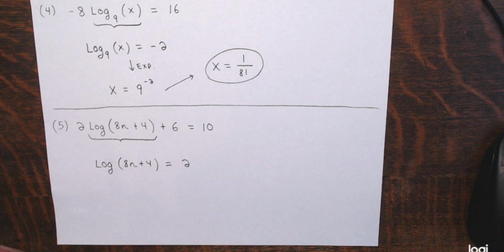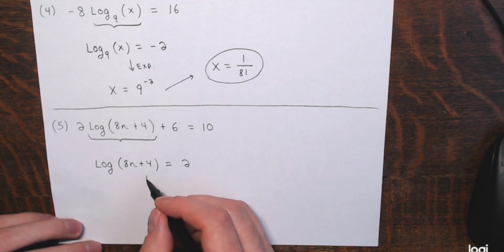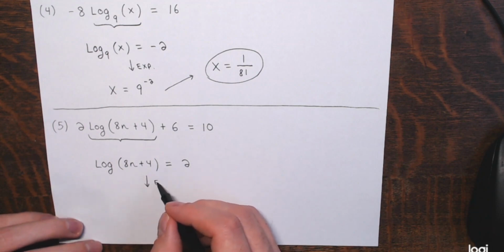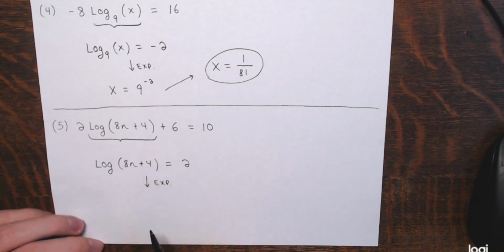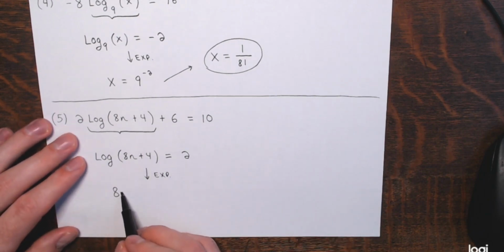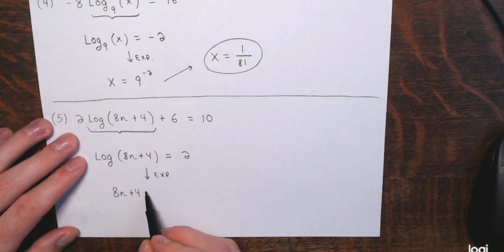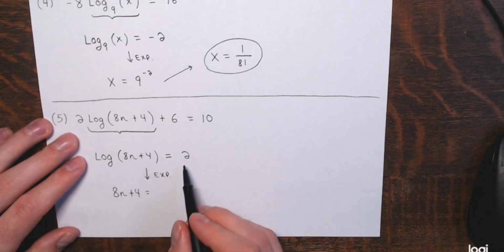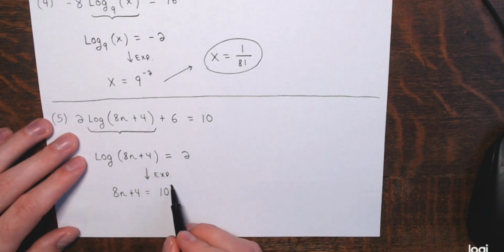Subtracting 6, then dividing by 2. Now I have a logarithmic statement. I change to the equivalent exponential form. And this would be 8n plus 4 equals 10 to the second power, which is 100.